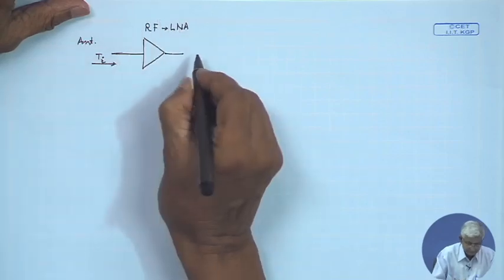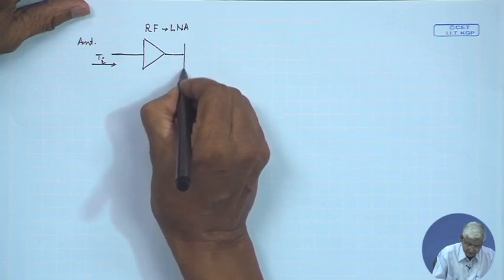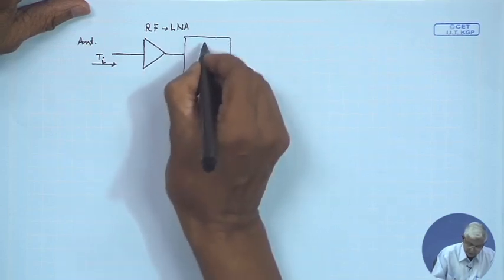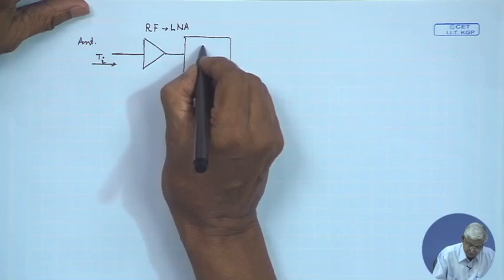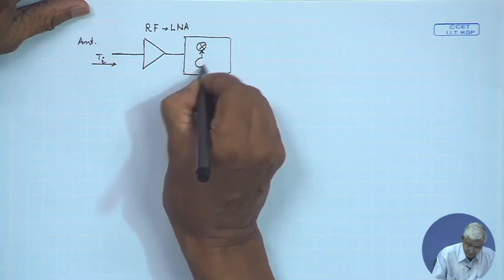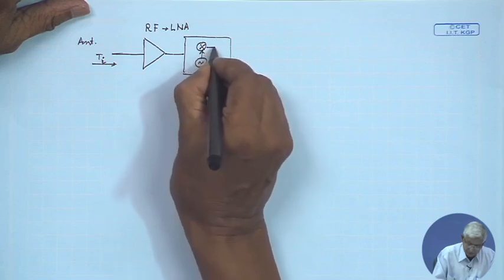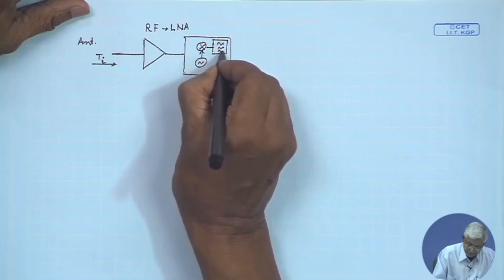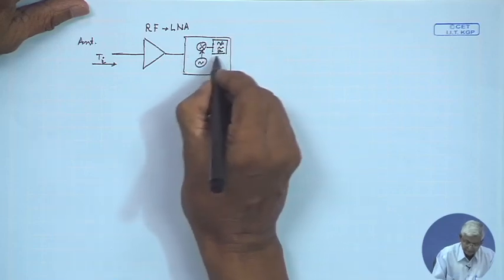Then after that there is a stage which is the mixer, then LO, then filter. Try to recollect our space segment diagram.